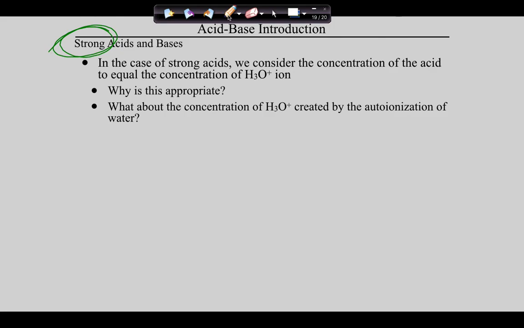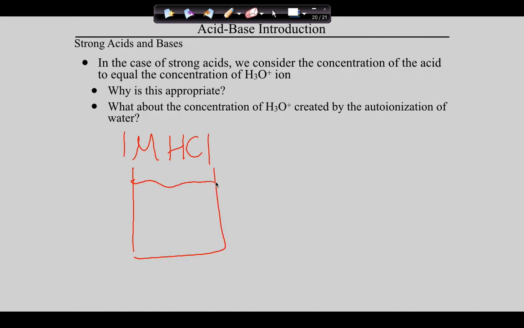You could write this down. 1 molar HCl. Imagine that you have a bucket of 1 molar HCl. How much HCl is in that bucket? It's not a trick question. If you have 1 molar HCl, how much HCl is in that bucket?